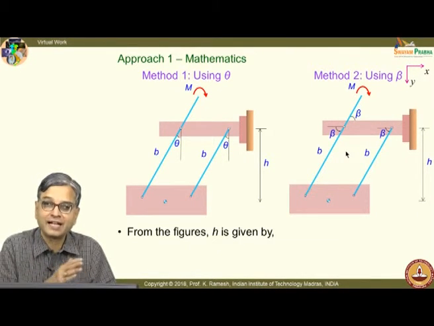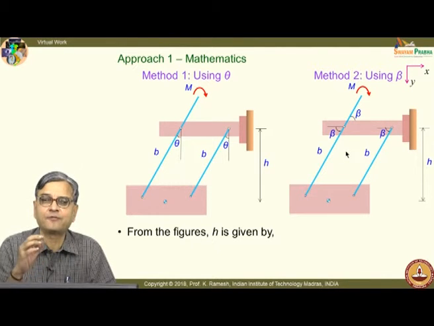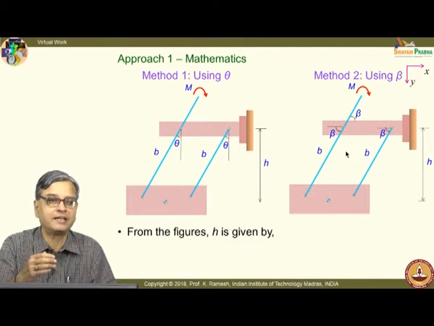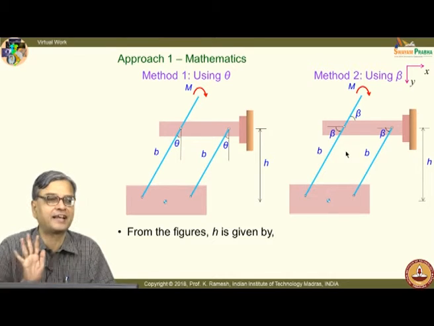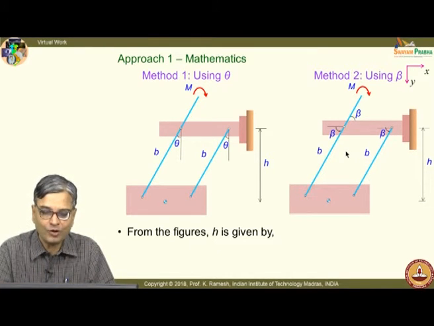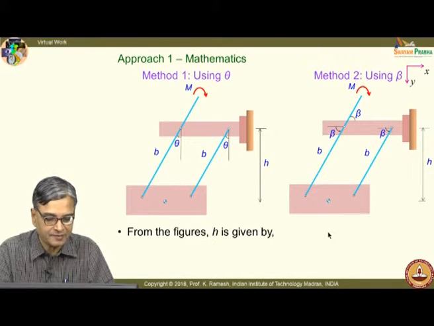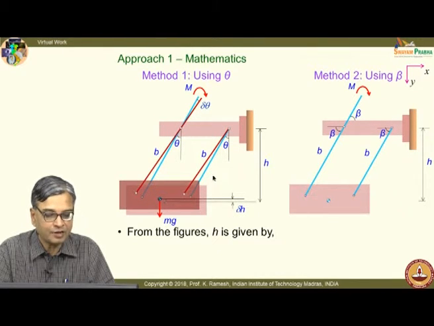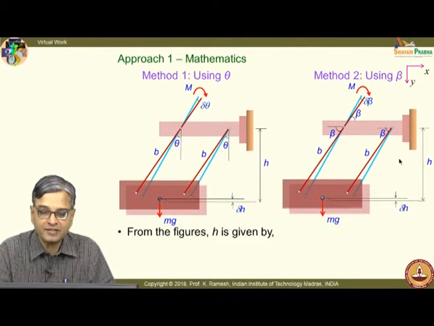So, let us first collect the data the way we have solved the problem earlier. We would just collect the data and look at what is the kind of answer that we are getting. I can also write the expression for h. I can also draw the displaced configuration. For displaced configuration, I am taking the reference as m.